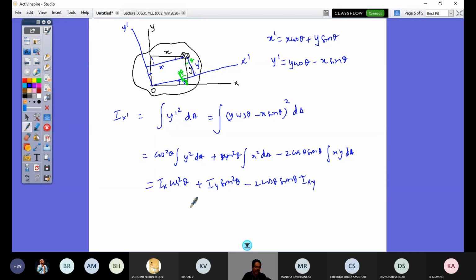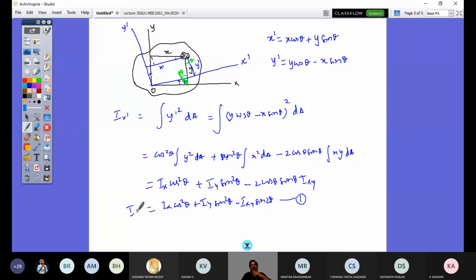This can again be written by a convenient trigonometric relation: 2 sin theta cos theta is sin 2 theta. So it is Ix cos square theta plus Iy sin square theta minus Ixy sin 2 theta. That's equation number 1, which is Ix dash.